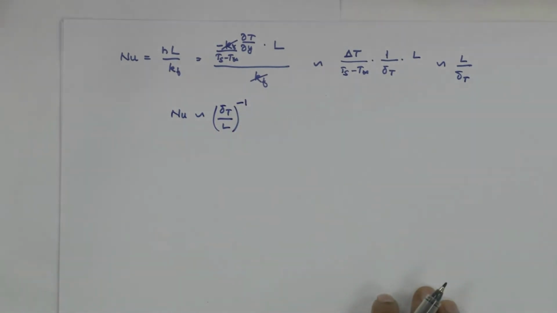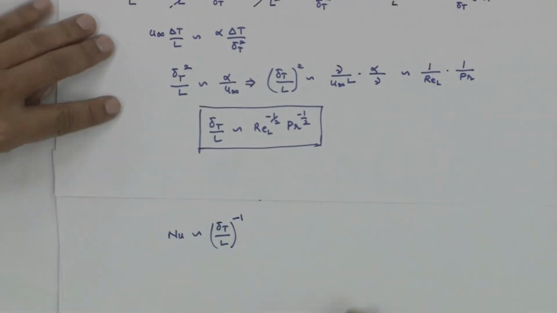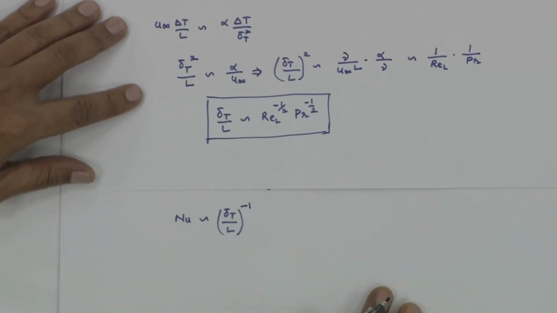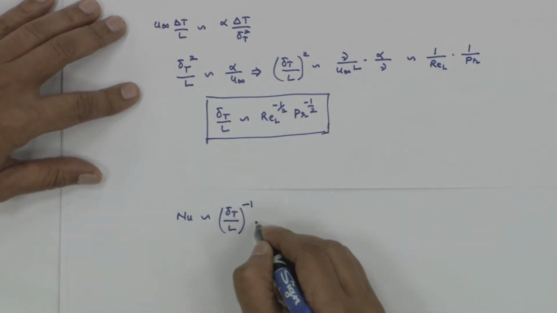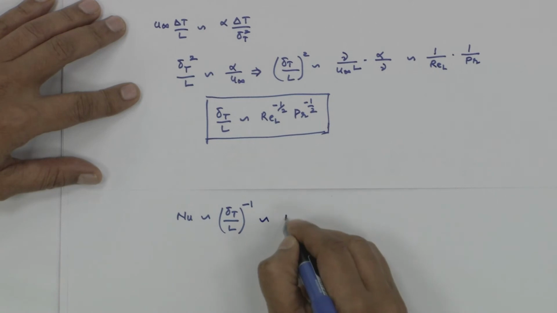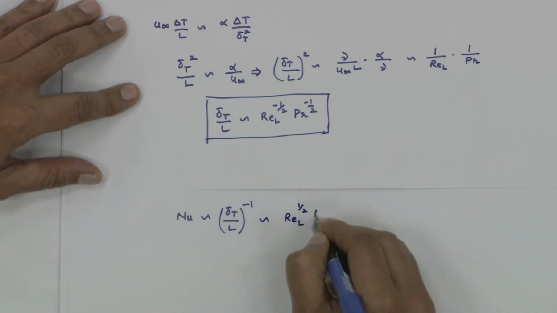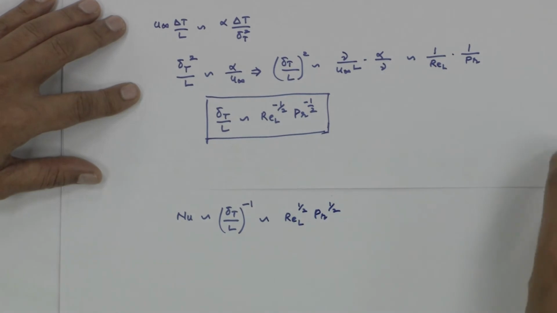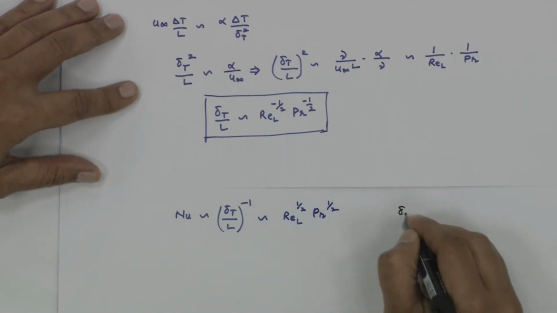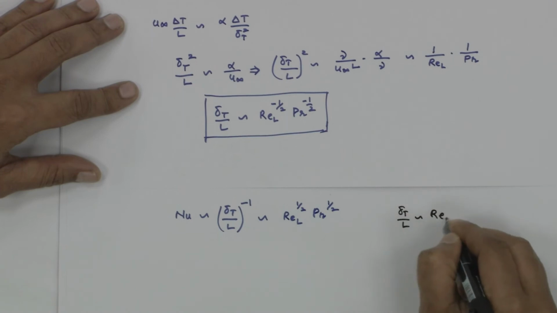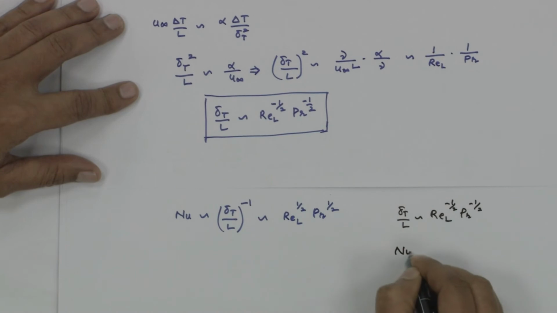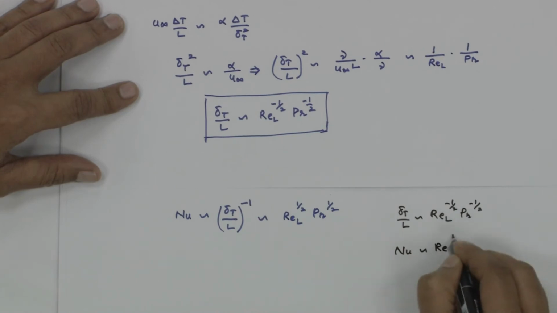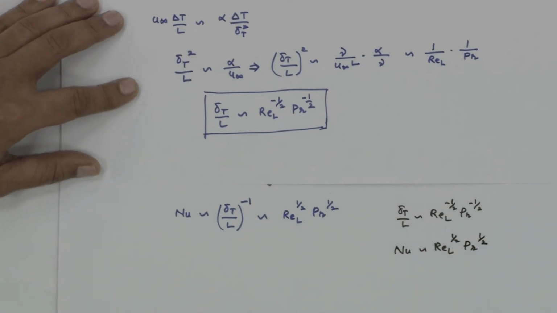If you recollect, we just now found delta T by L as REL to the power of minus half PR to the power of minus half. So I get Nu is of the order of REL to the power of half PR to the power of half. Okay.